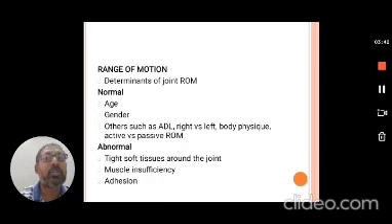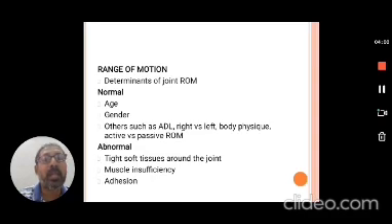And there are so many determinants which determine the joint range of motion. Normally, the age, gender, the activities of daily living, the right or the left side, body physique, active versus passive movement, all these factors determine the range of motion.